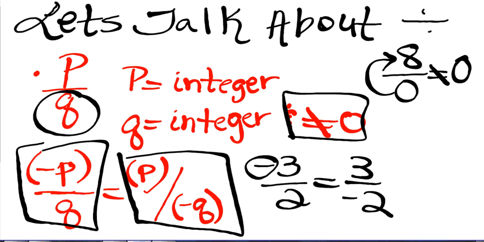The negative sign can move up or down, and your fraction or your division problem is still equivalent. All right? So these are just two things we need to remember. If I'm dividing integers, I cannot have a 0 on the bottom. And if I have a negative number in a division problem, that negative is equivalent to having the negative sign on the bottom, or the denominator.